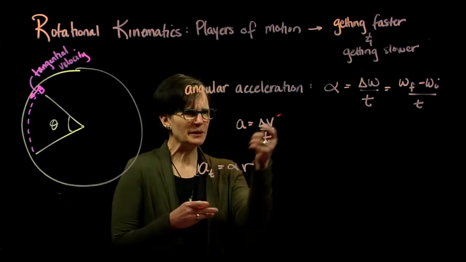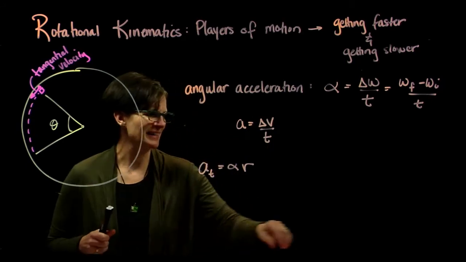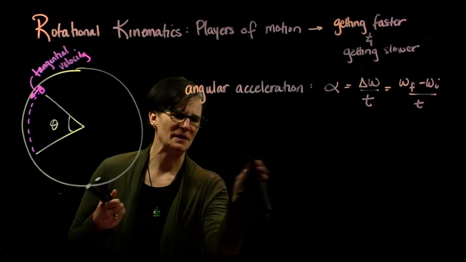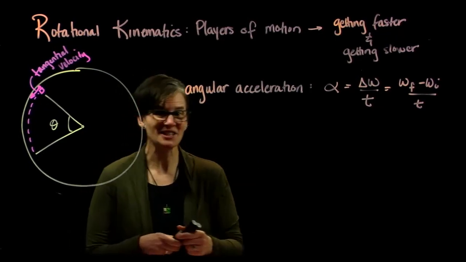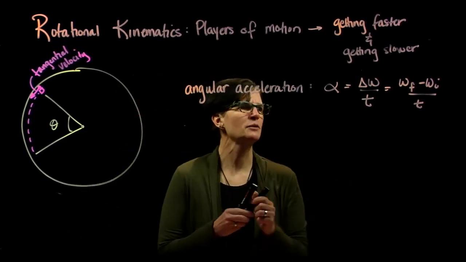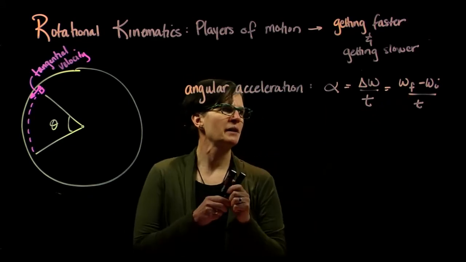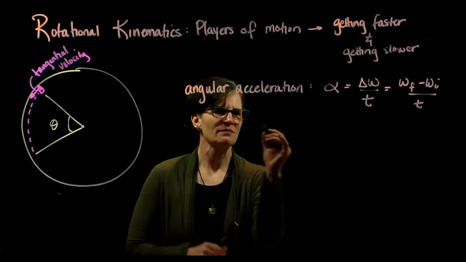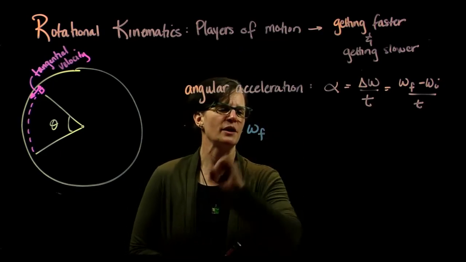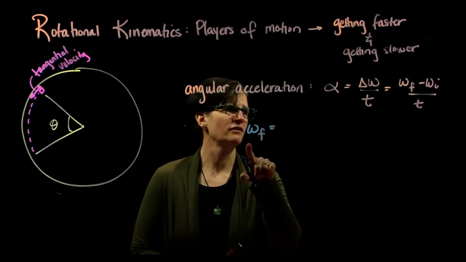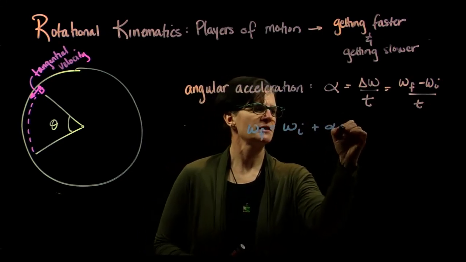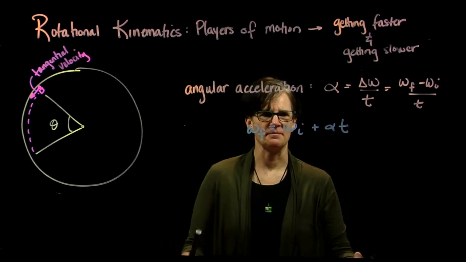And so let's rearrange this equation and see if we can give some rise to what that might look like and how we can make parallels to the translational stuff we know so well. I'm just going to rearrange this equation by bringing over my time and then adding omega initial. And when I do that, I end up with an equation that tells me omega final is equal to omega initial plus the angular acceleration alpha times time.